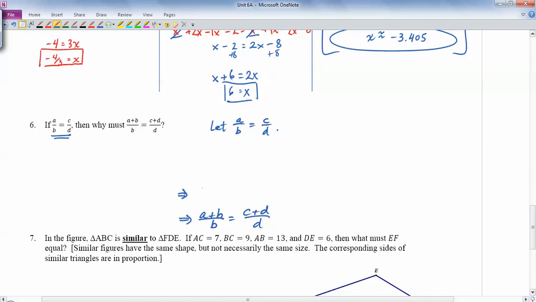So if we cross multiply, it's a plus b times d equals c plus d times b, right? And then from this line, we could get the line before it. The only thing I could think of doing is distributing. A times d plus b times d. And then over here, distribute the b. So b times c plus b times d.